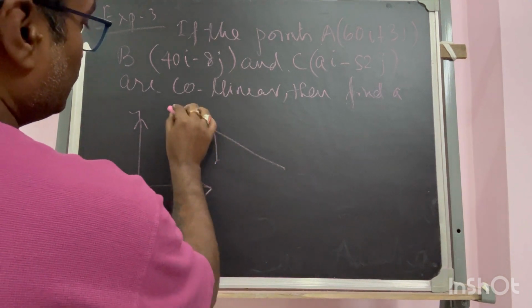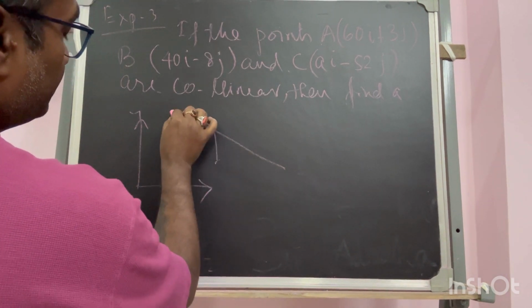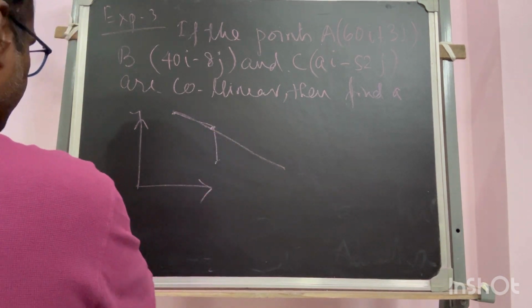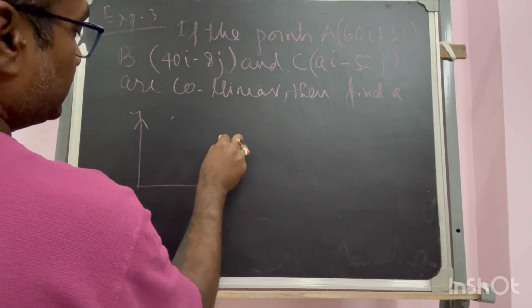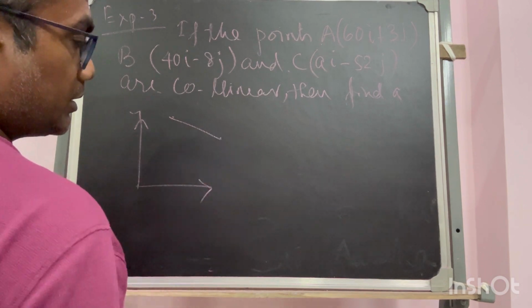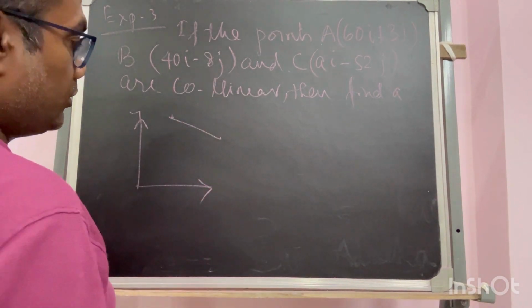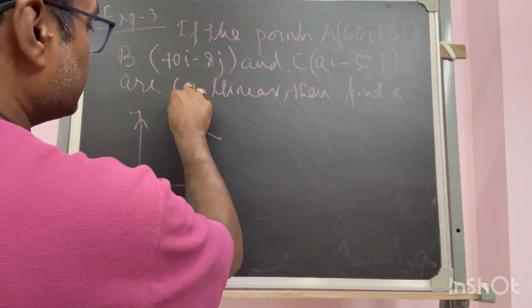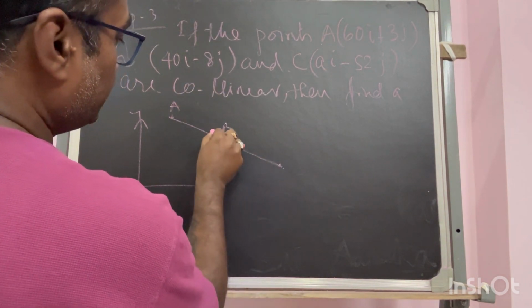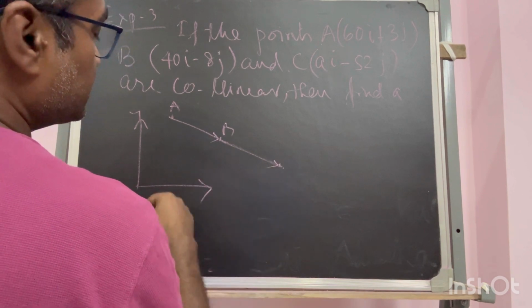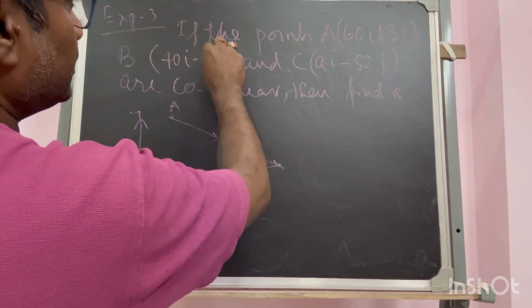Now if I want to make a vector representation, if I join 2 points, together they will represent a vector, not a single point. If this is A and this is B, joining the 2 points will give a vector. So these vectors will be achieved by joining two points.